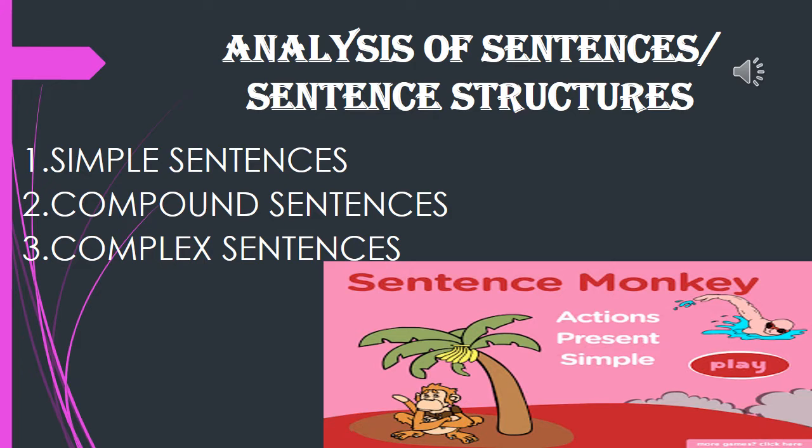Whereas a clause that does not make complete sense on its own is known as a dependent clause or a subordinate clause. So, for studying simple sentences, compound sentences, and complex sentences, you should know what is a dependent clause and what is an independent clause.